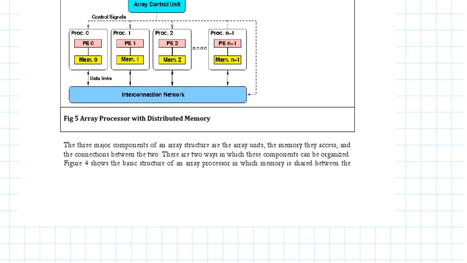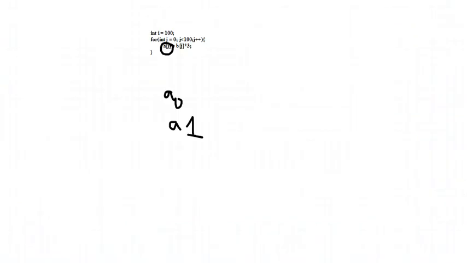Now, you see, the connection is also an important part because, as we have discussed before, after the computation has been completed for this segment, for this for loop, the results have to be accumulated and delivered as a whole.